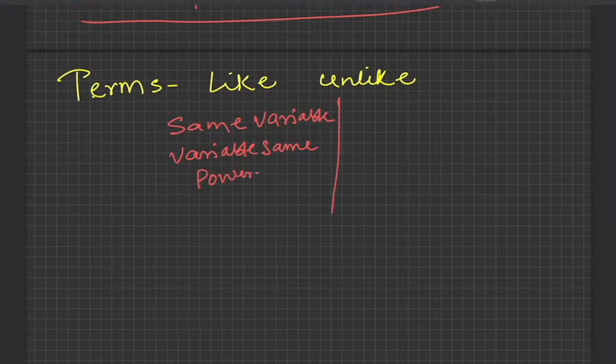So they become like x squared, AB, right? So these are some of the examples.